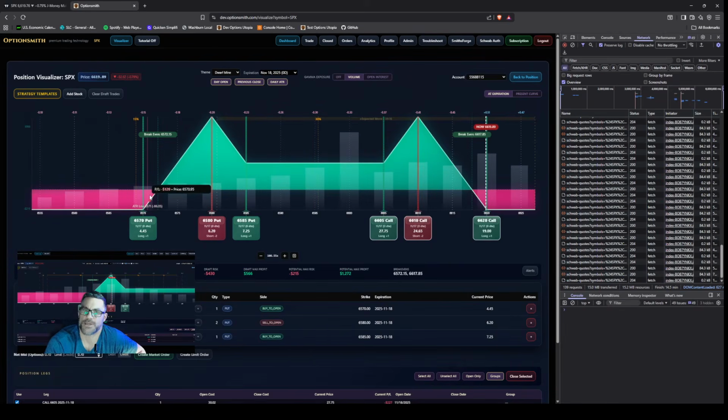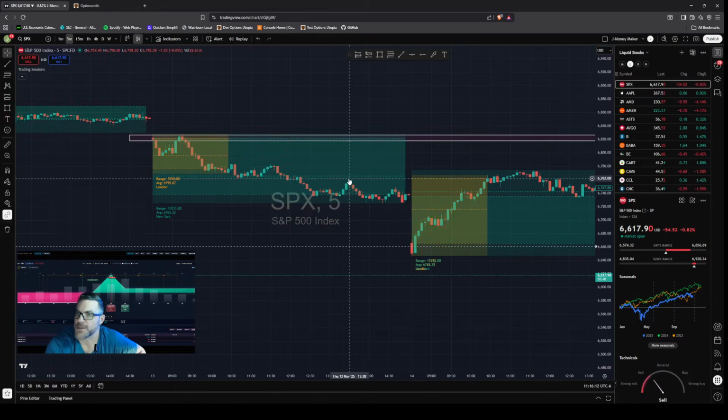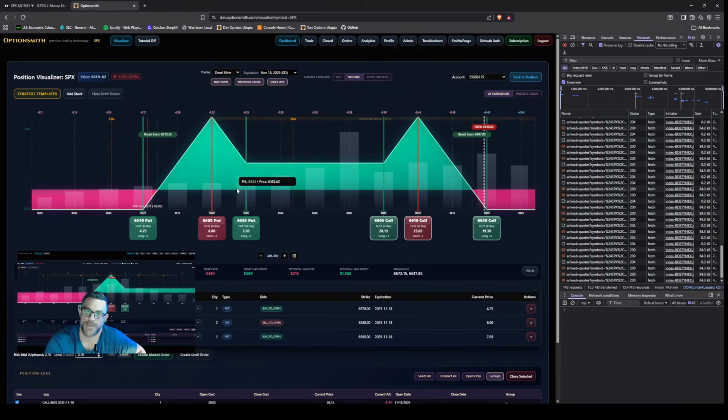It would end up finishing about here if I had put on the Batman. That's about 8 wide before we get into a loss. So if I were to put it on here, it would be 755. Yeah, so this would have been a Batman loser.